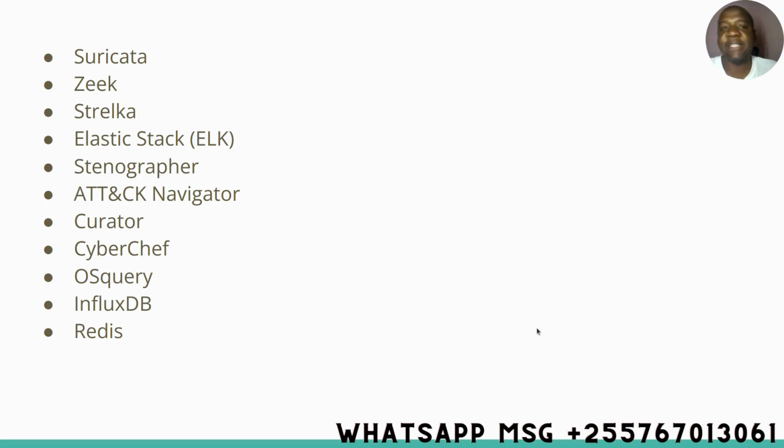So these are some of the common tools that have been bundled in this Security Onion. And each tool is a specialization by itself. So we are going to discuss them and see how we are going to practically use them in different scenarios as we keep on evolving this series. And these are some of them. I don't need to read them because you can see them.